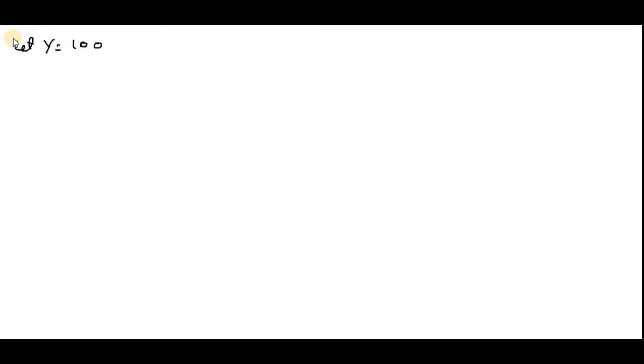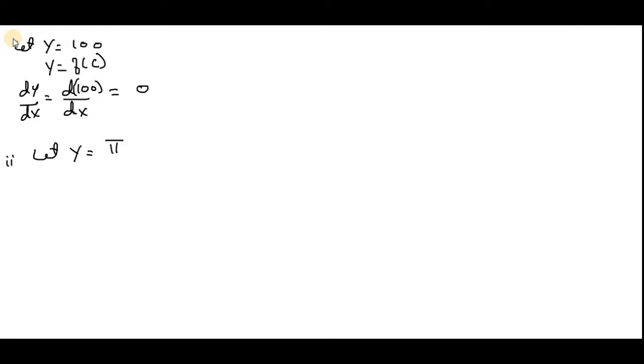Let y is equal to 100. Now 100 is the constant function here, which represents y is equal to f of x. So taking dy by dx as per formula, dy by dx of 100, its answer is 0. Second example, let y is equal to pi.